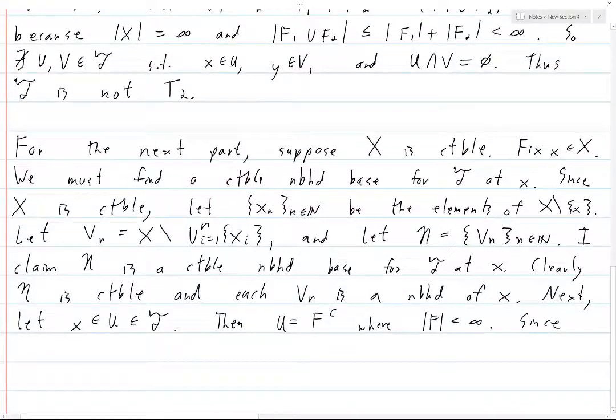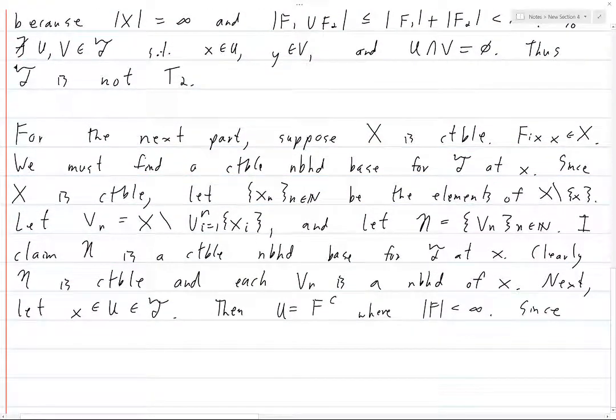Since x is in U, x cannot be in F. So F is a subset of the union from i equals 1 to n of {xi}.